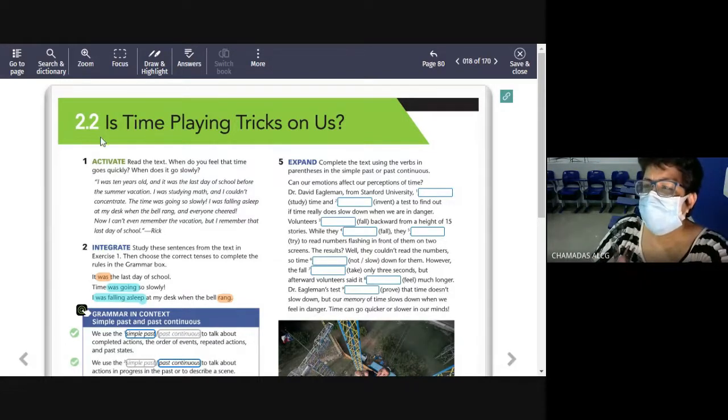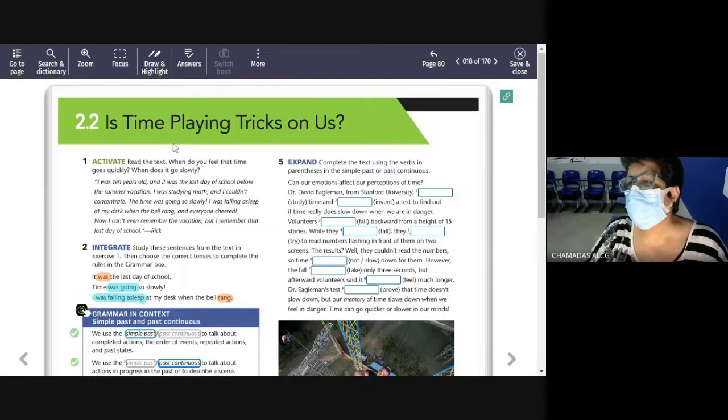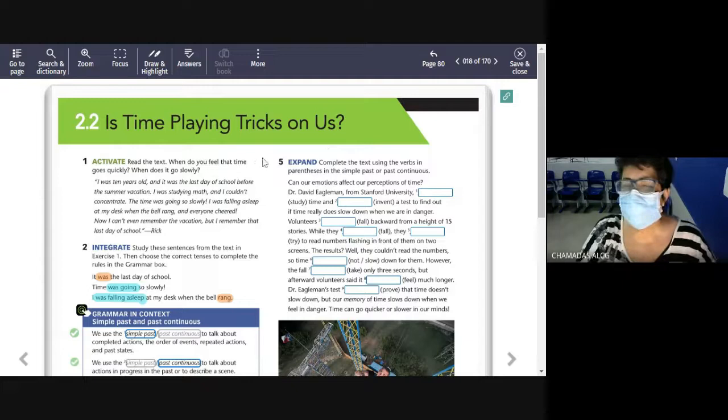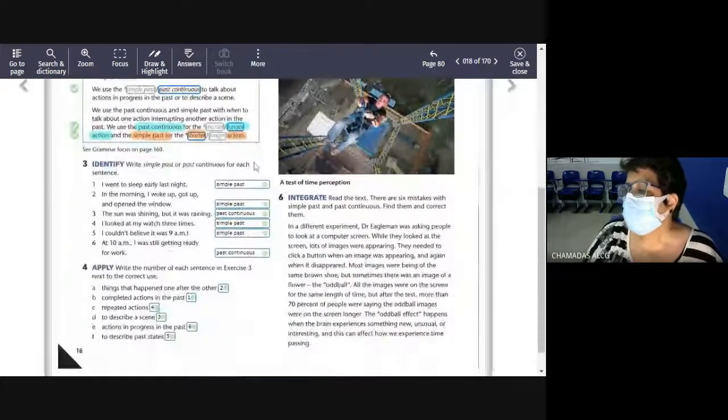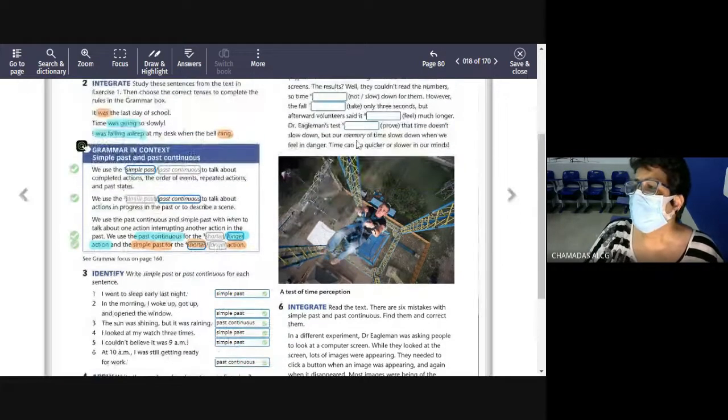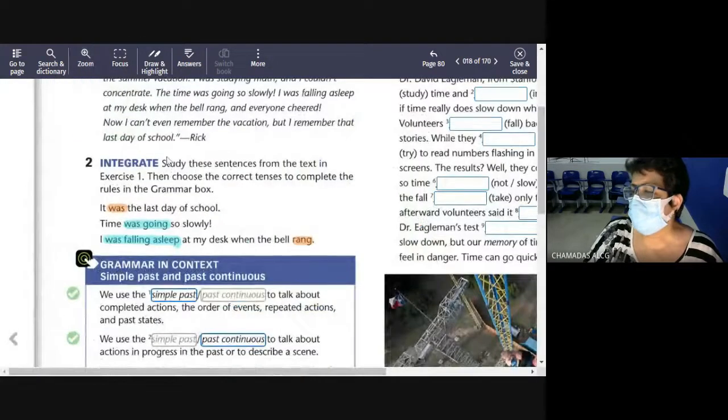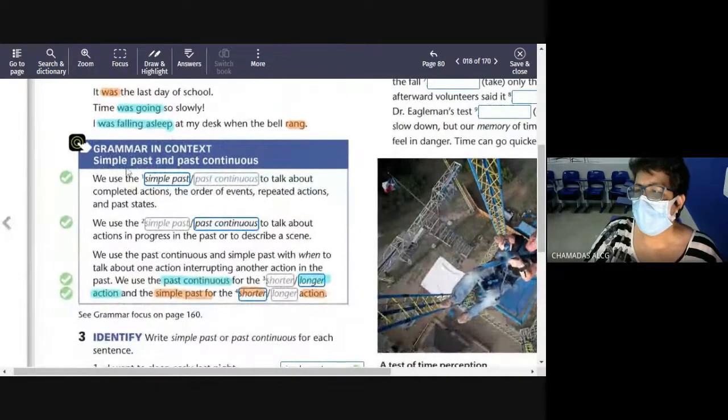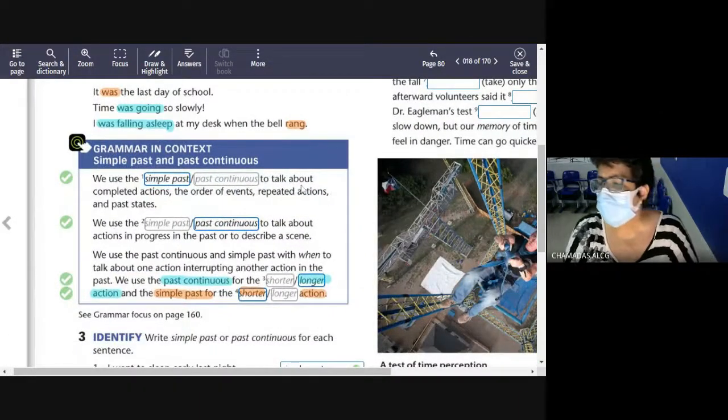In this part here, 2.2, it says, is time playing tricks on us? I think yes, unfortunately. So last class, we did the first half of the page, okay? The first half of the page, if you were not here, talked about the simple past and the past continuous.